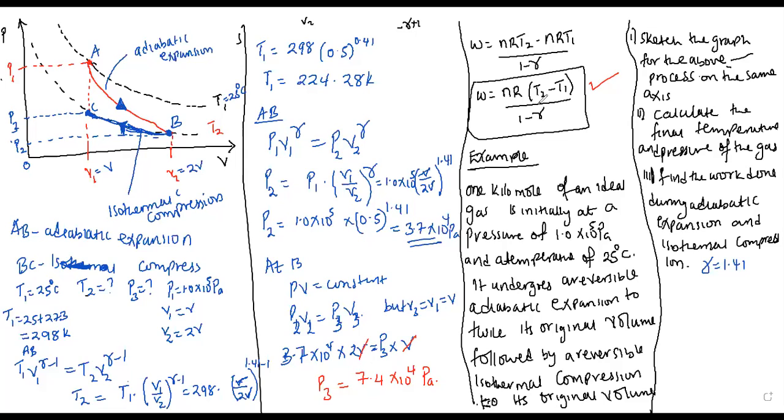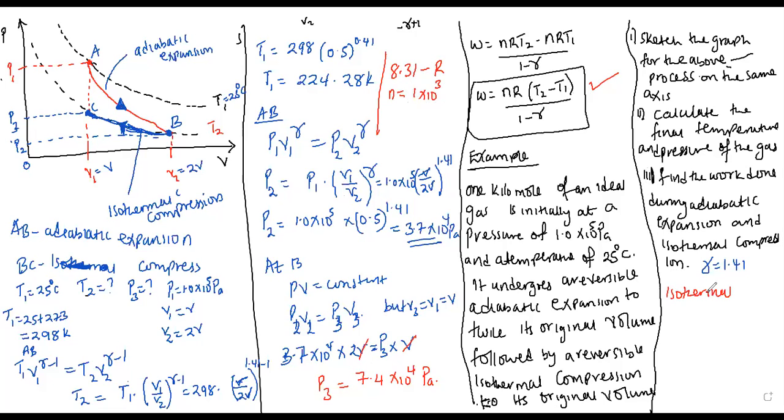The value of the molar gas constant R is 8.31. The number of moles were 1 kilo, which is 1 times 10 power 3. Gamma, you know, substitute and get for me the work done under adiabatic expansion.